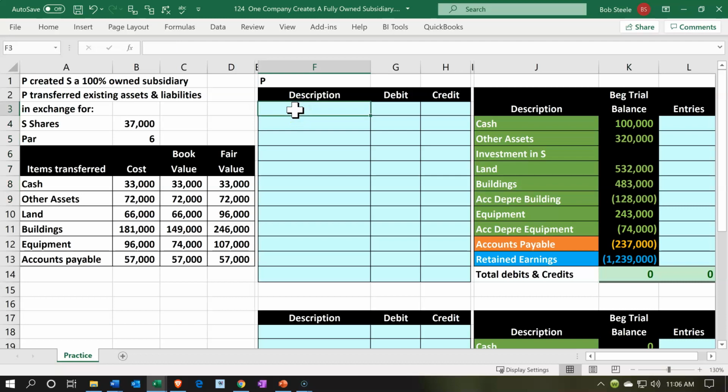Once again, I would construct this not in terms of debits on top and credits on the bottom, but in terms of what makes the most sense. And then if you want to go back in and put the debits on top and the credits on the bottom, maybe a good idea if it's for a paper or something like that, because it depends how picky your software is or how picky your instructor is in terms of the format of the journal entry.